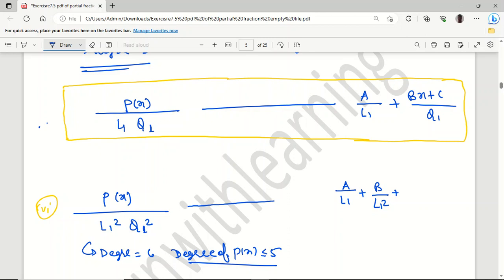As we started with L1, so it will be Cx, but Q1 is quadratic, so we'll write Cx plus D upon Q1, and again Q1 square, plus Ex plus F upon Q1 square. Why am I writing Ex plus F only? Since L1 square is there, I write degree 1, which is smaller than the degree of the denominator. Here also Q1 square is there, so the degree of the numerator is just 1, which is smaller than degree 2. That's why I've written degree 1.